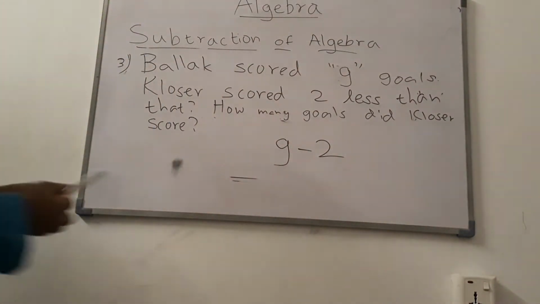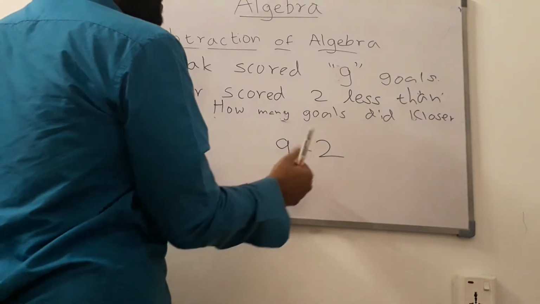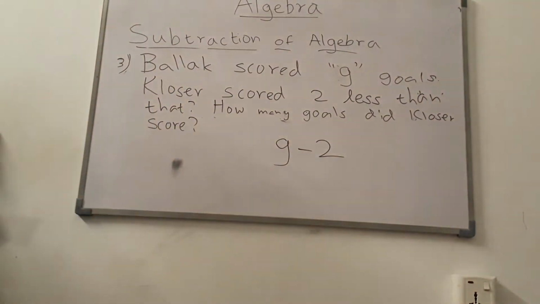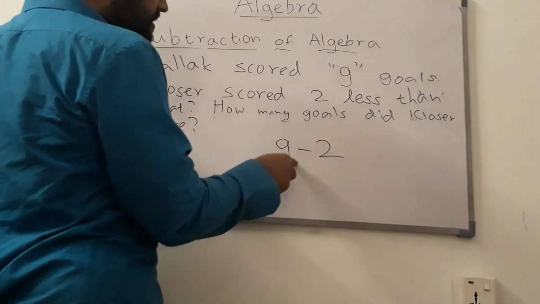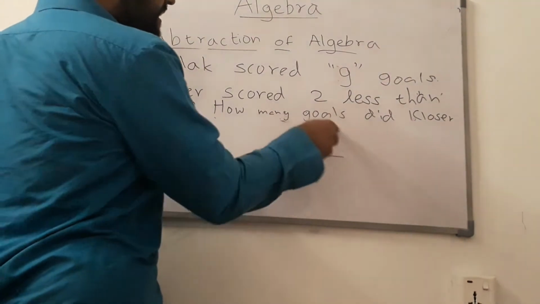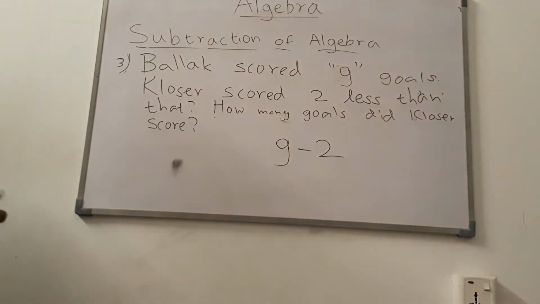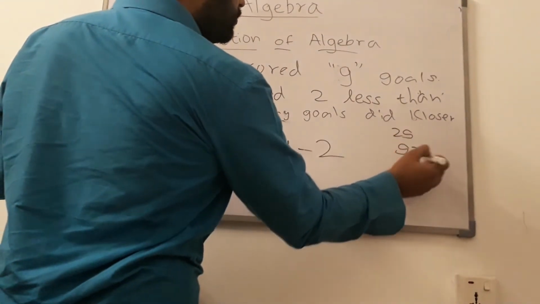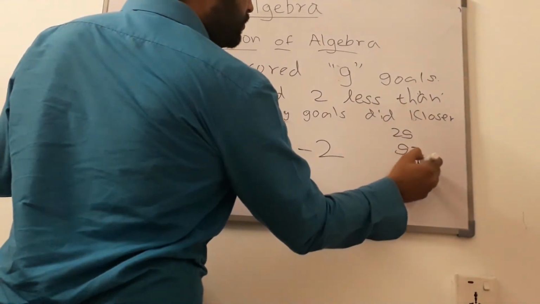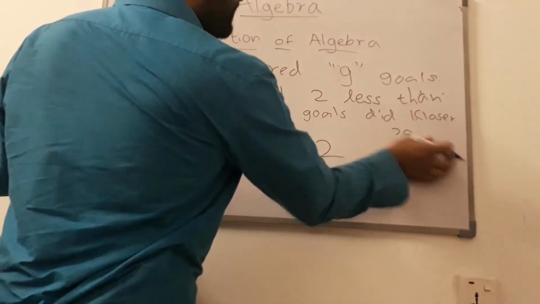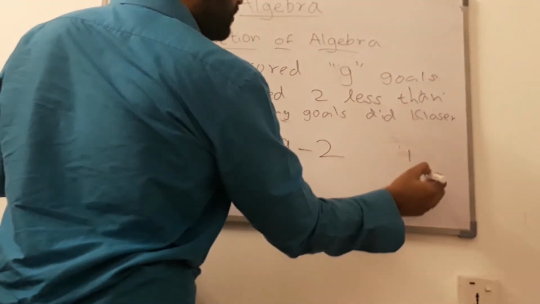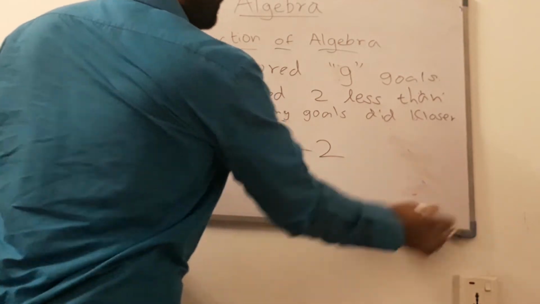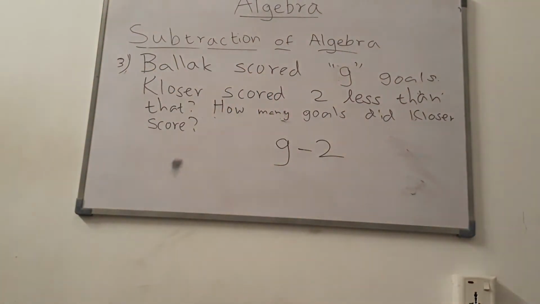But the thing is, we can't go further. Why? Because one is an algebraic term, the other one is a number term. So you can't give answers like 2D or D2 or 2, or maybe 1 or 3 or nothing. You can't get a single digit here.